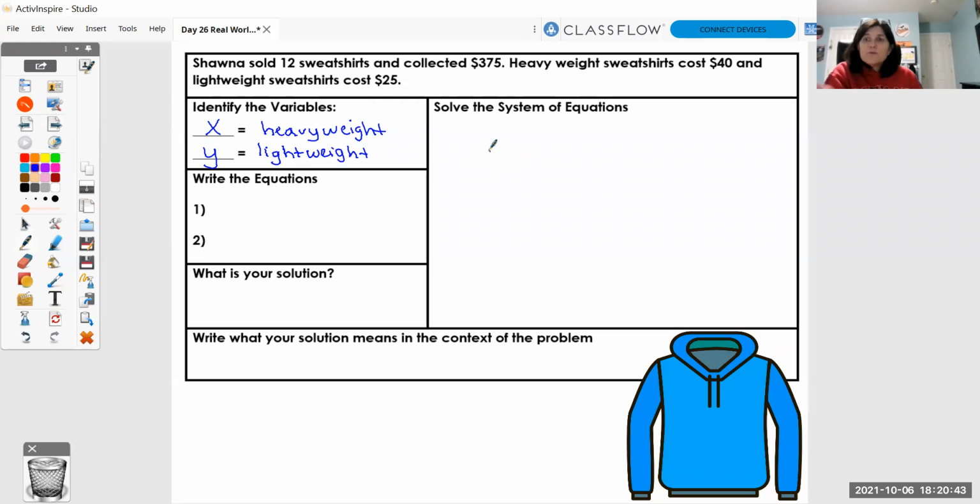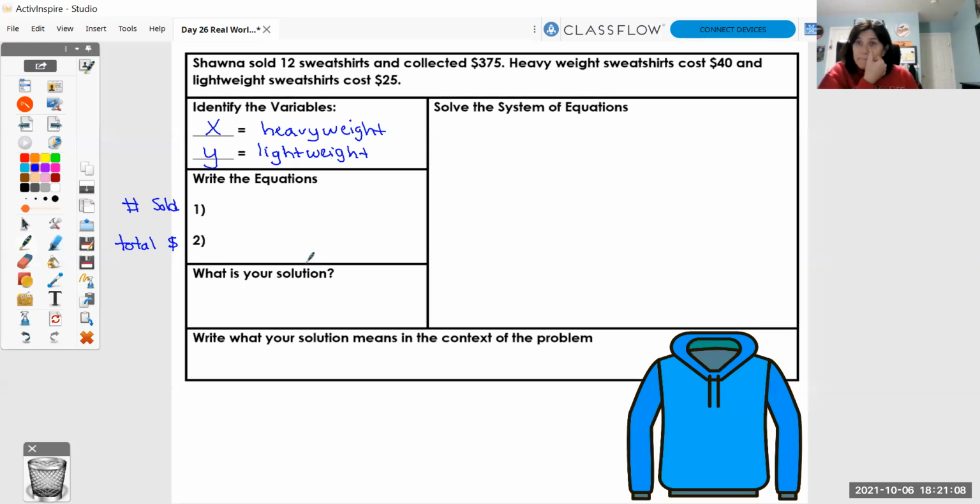So in this case, we have two equations we need to write. One of them is about the number of sweatshirts sold. Let me just say number sold. And then the other equation is about the total earned, the total collected, total money.